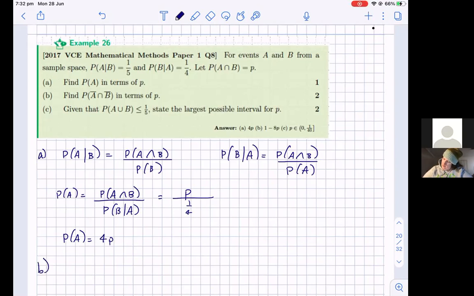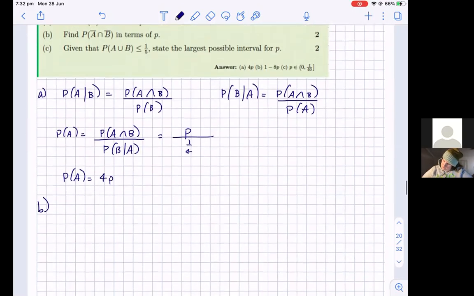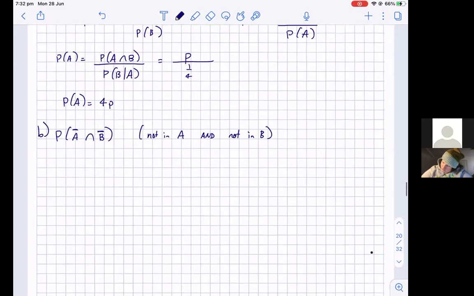Question B. Oh, the complement. So it's the probability of not in A and not in B. So if I actually draw this, and a lot of these, they make a bit more sense if you draw them.